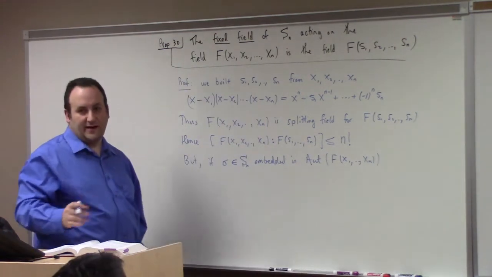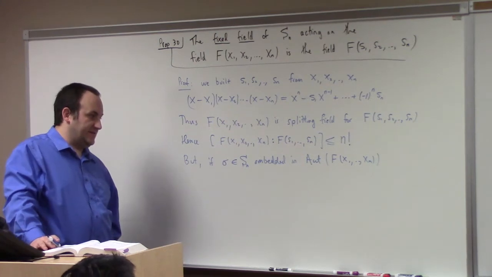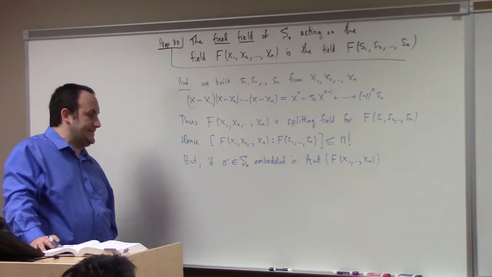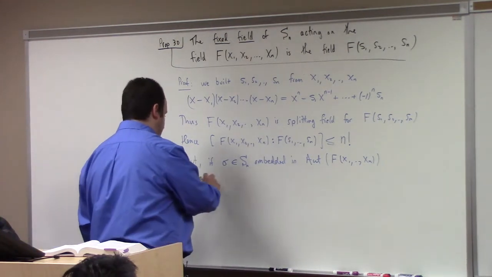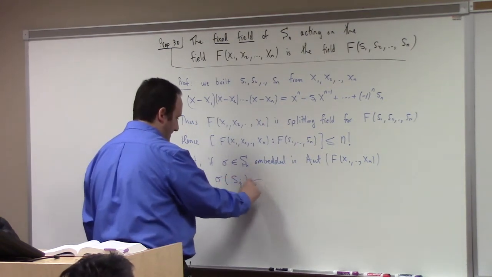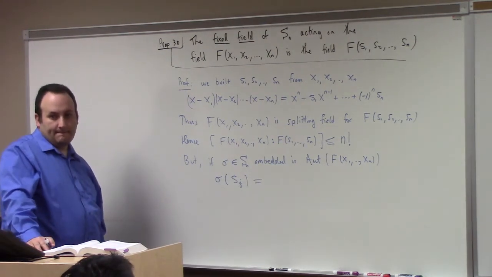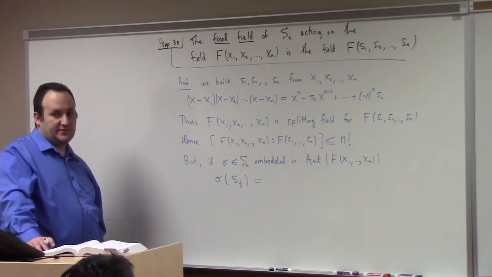In other words, look at the copy of Sn which is naturally found inside the automorphisms of F adjoin these n generic roots. Then what can we say about sigma of the jth elementary function? It's equal to sj again.